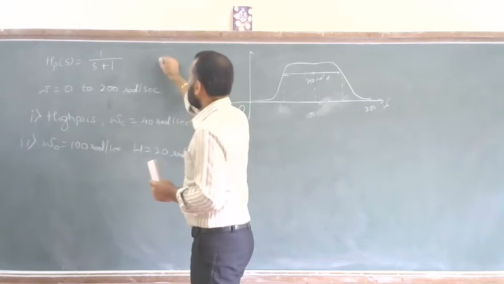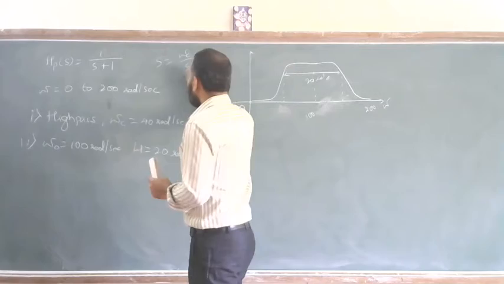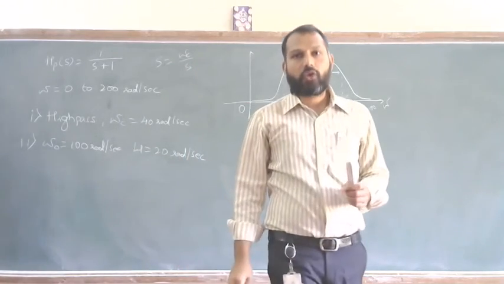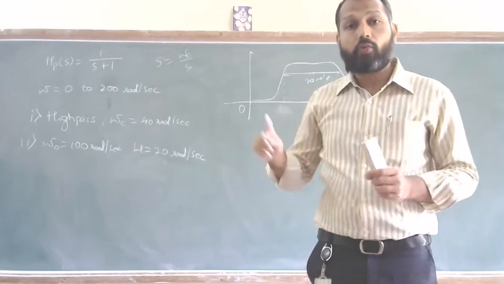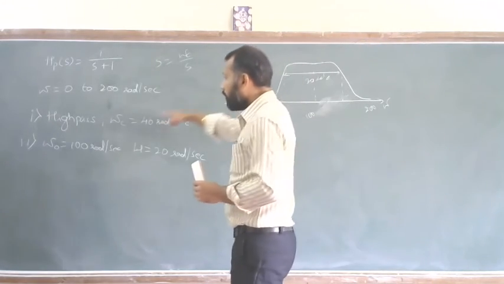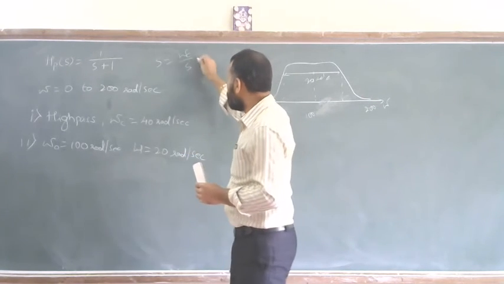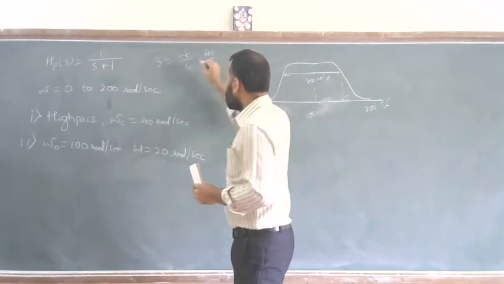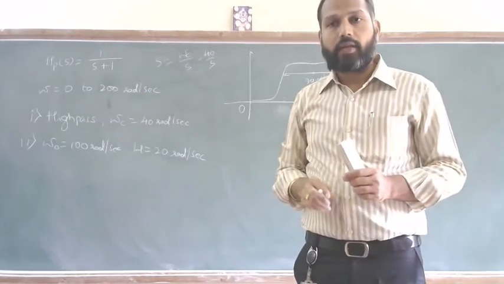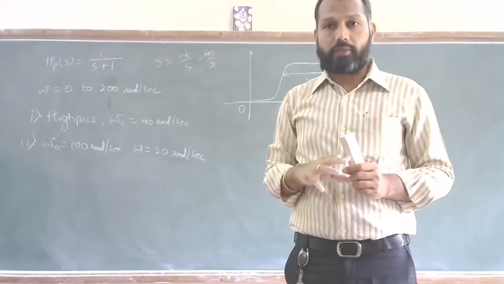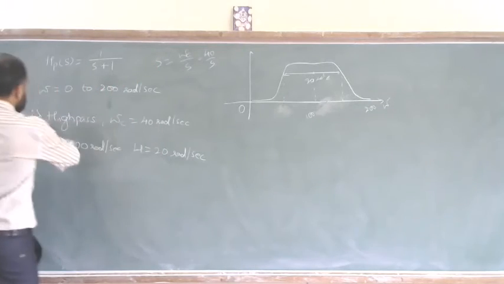We know the transformation: substitute S equals omega c divided by S, where omega c is the cutoff frequency, given as 40. We just use 40 divided by S in place of S in the given system function, and obtain the transfer function of the high pass filter.